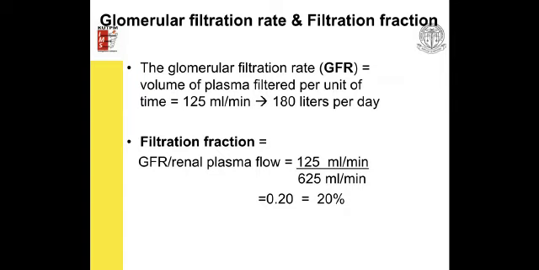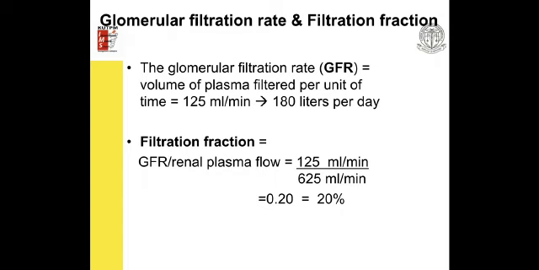So filtration rate and filtration fraction we need to understand. The glomerular filtration rate, the volume of plasma filtered per unit time, is around 125 ml per minute or 180 liters per day. Filtration fraction is glomerular filtration rate divided by renal plasma flow, which is around 20%.